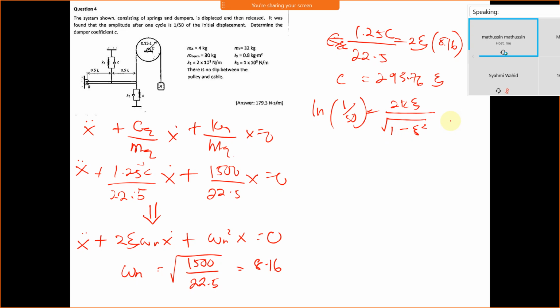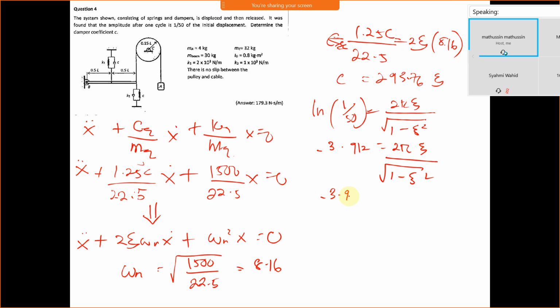Okay, learn 1 over 50 sama dengan negatif 3.912 sama 2 pi zeta over square root of 1 minus zeta square. So, cuba dapatkan zeta berapa. Boleh kan?